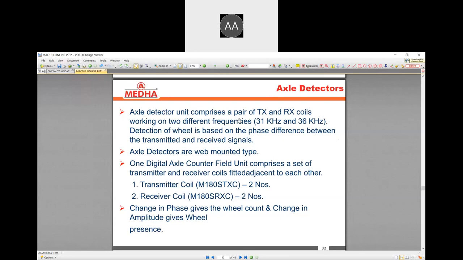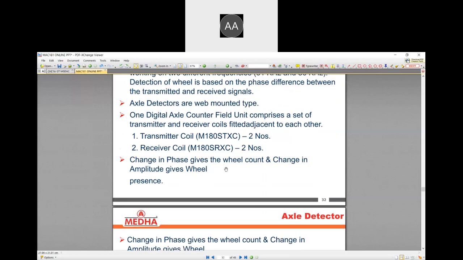So accordingly, as per the requirement, there will be two coils, one for transmitting, the other for receiving, to detect the wheel count by the change in phase and wheel presence by the change in amplitude of the particular position of the wheel.